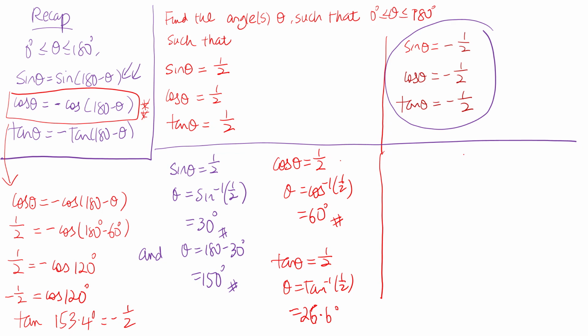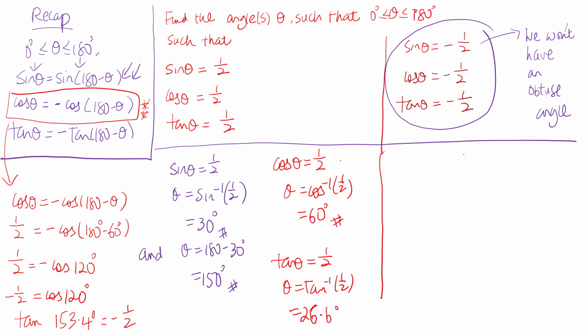For this one, we won't have an obtuse angle that will give us negative half, because the ratio for acute and obtuse angles for sine is always positive.